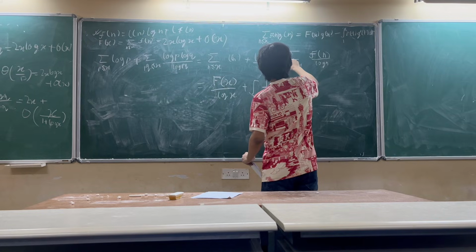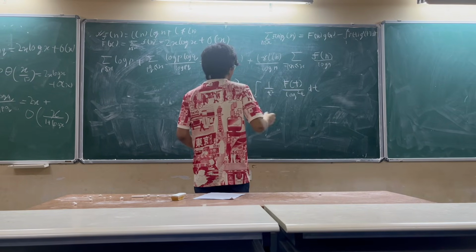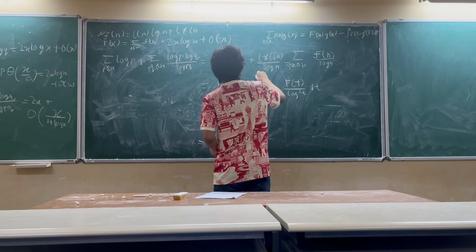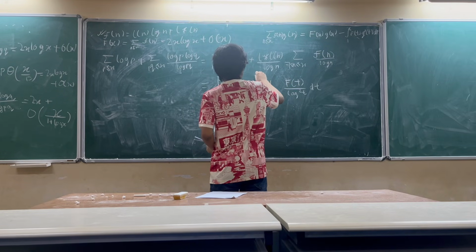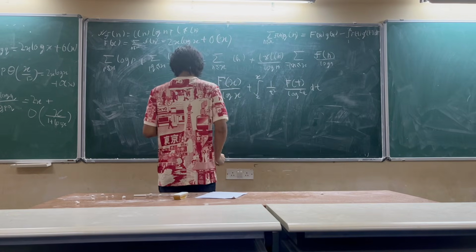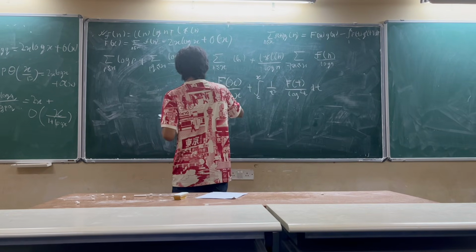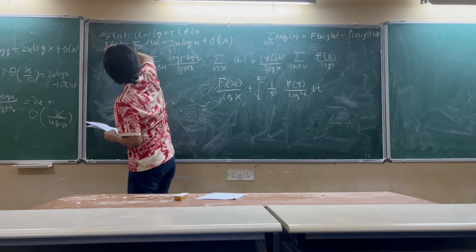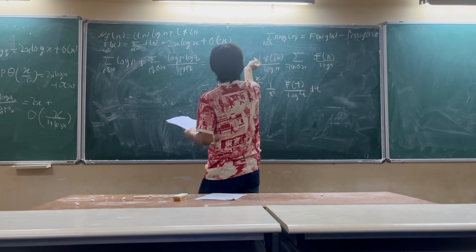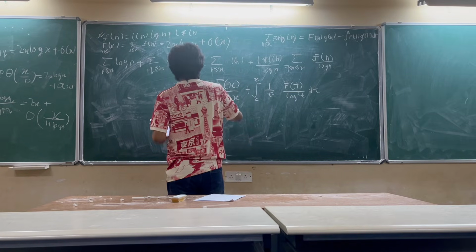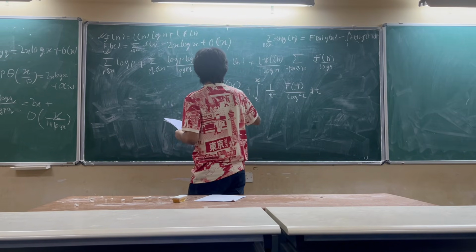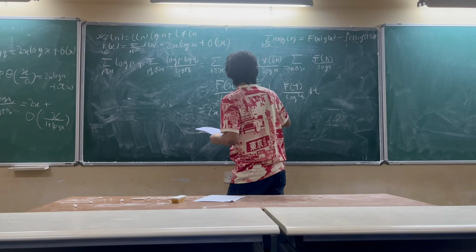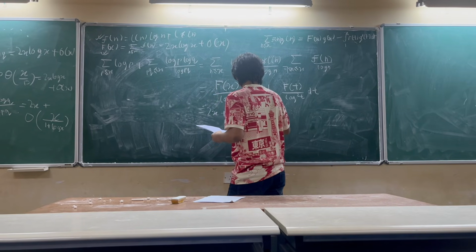So we need to take n strictly greater than 1 here, and since n is an integer, the integral goes from 2 to x. And now this thing, the capital F, you know that capital F of x is equal to 2x log x plus something of the order of x. So when you divide by log x, you get 2x plus something of the order of x by log x.